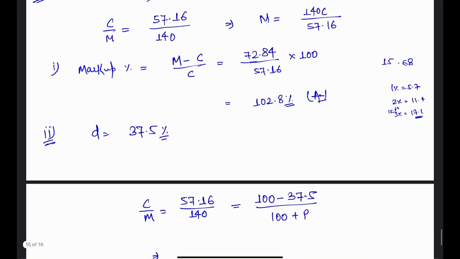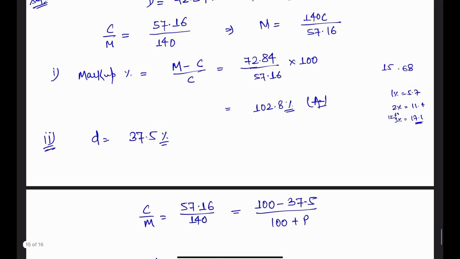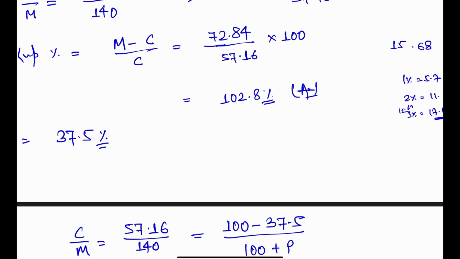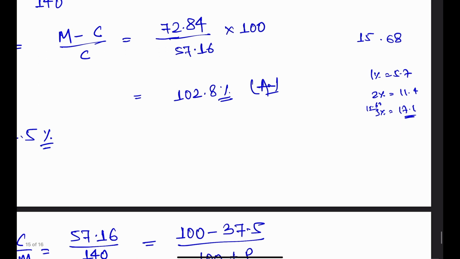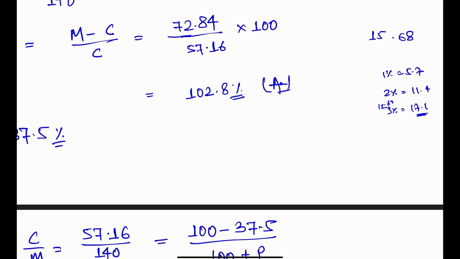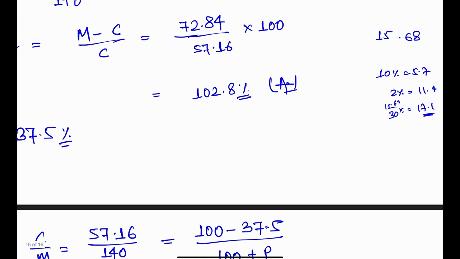So the 1% is, no, it's not 1%. It's 10% actually. One mistake, I did 10%, 20%, so 30% is this much. 30% is this much.